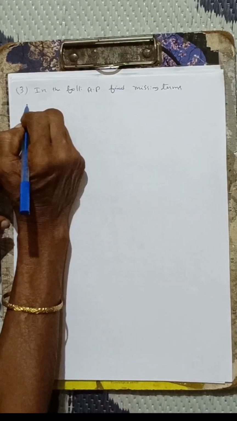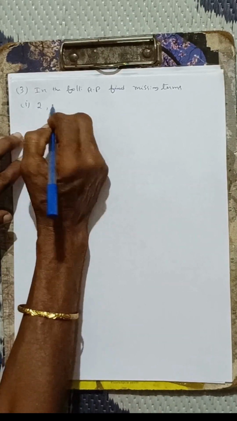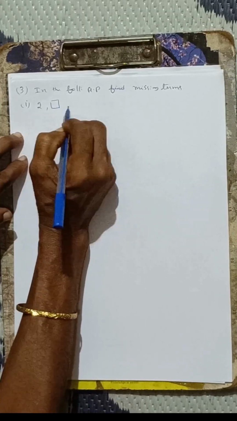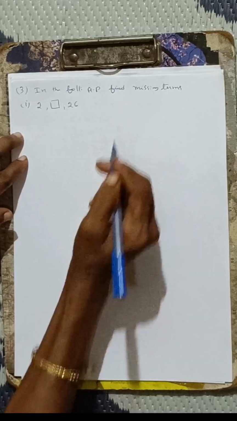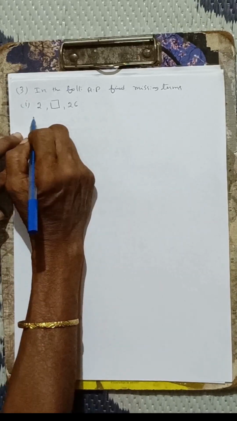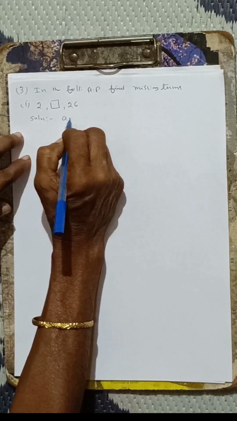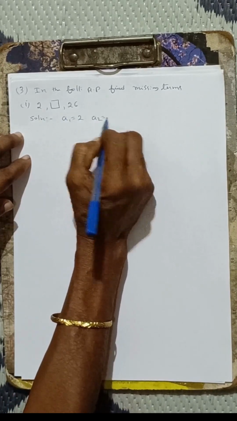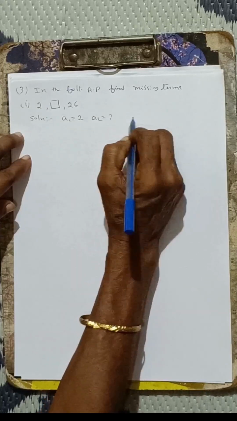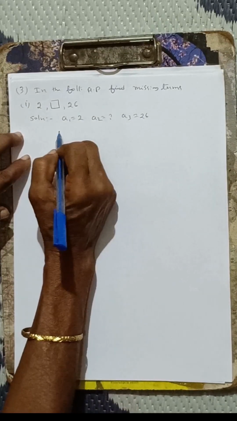This is the first question: 2, blank, 26. So solution. Here the first term a1 is 2. The second term a2 is not given, we have to find it out. The third term a3 is 26.